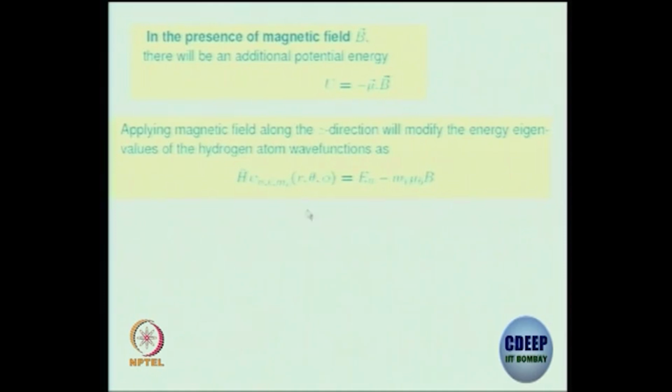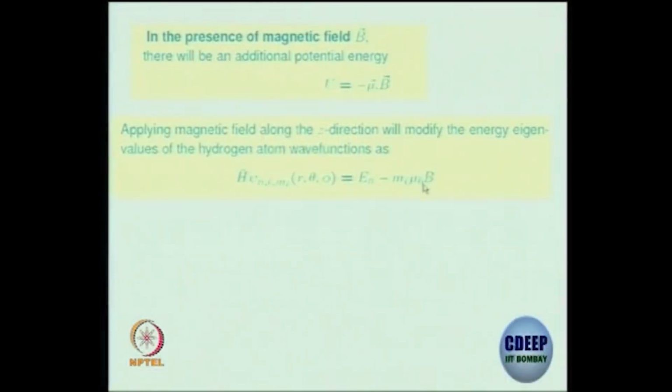So, it is an eigenvalue equation again, but initially the energies of those wave functions were E_n. They will still be E_n only for ml equal to 0. But for ml not equal to 0, it starts showing, whether it is plus or minus L, or it goes from minus L to plus L. There will be distinct levels with different energies, and that shift will be Bohr magneton times the magnetic field.